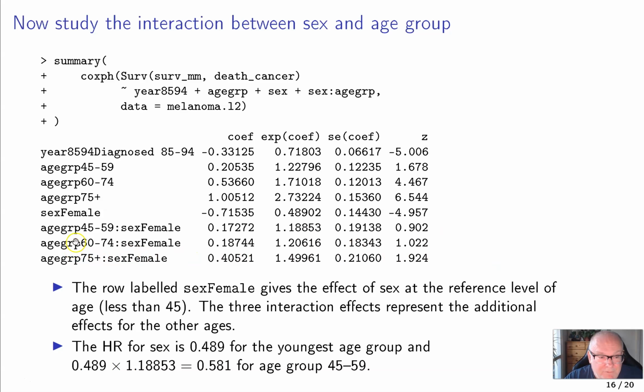So, the effect of sex for age group 45 to 59, we take the 0.49 and then we multiply it by 1.18. So, for age group 45 to 59, the effect of sex is 0.58.